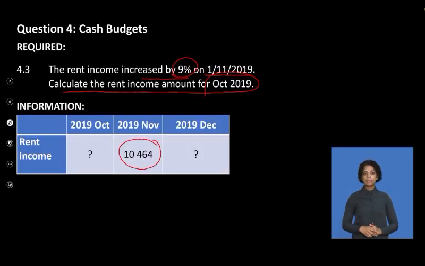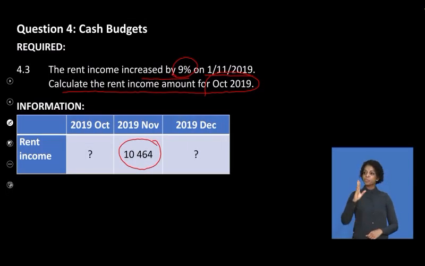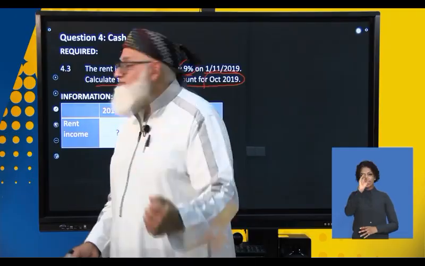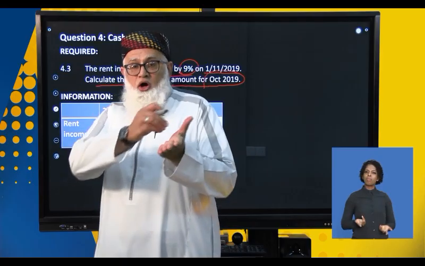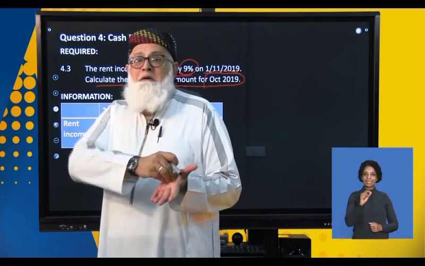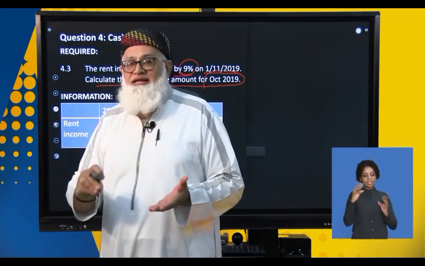In other words, grade 12s, this 10,464 in terms of percentages is equal to 109%. Where do I get that figure from? 100 was the initial figure plus the 9% increase to give me 109%.